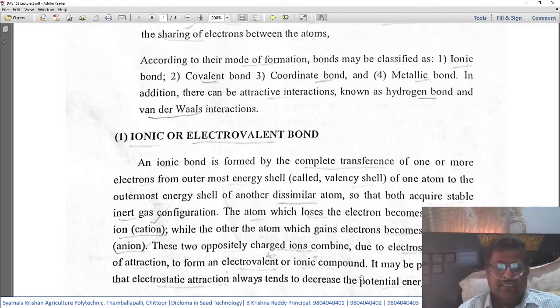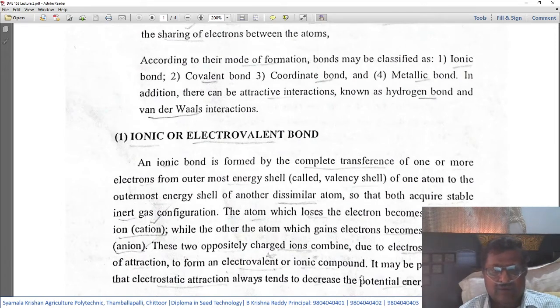Because of this force, they come together and form an electrovalent or ionic compound.